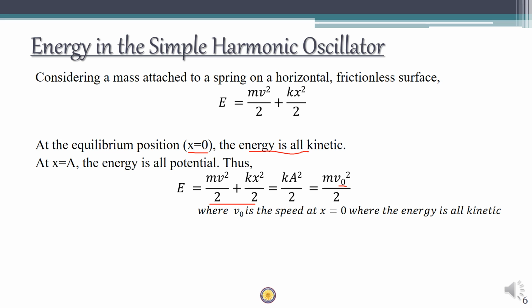Or at extremes the velocity is going to be 0 and x is equal to amplitude, which means that the total energy is all potential energy. In that case I can write E is equal to half into k into a square. So total energy is either half into k into a square or half into m into v0 square, where v0 is the velocity corresponding to the mean position, or the maximum velocity.